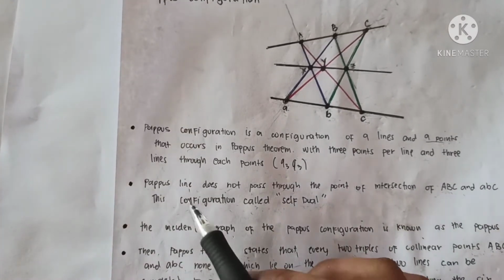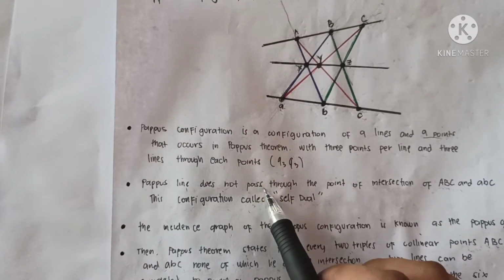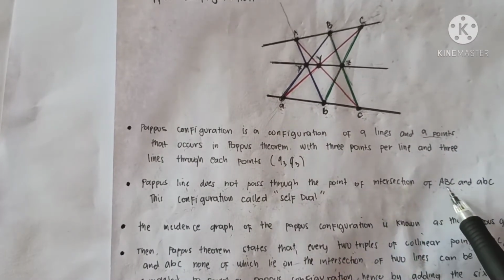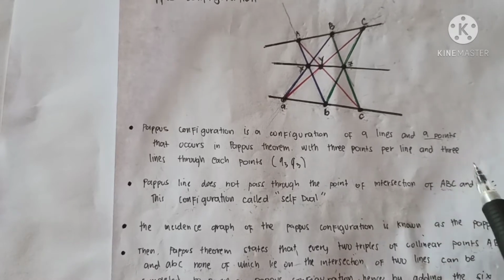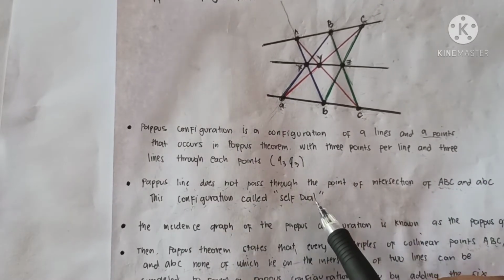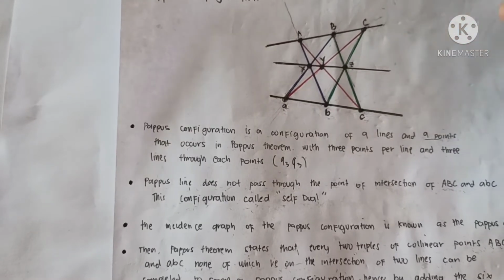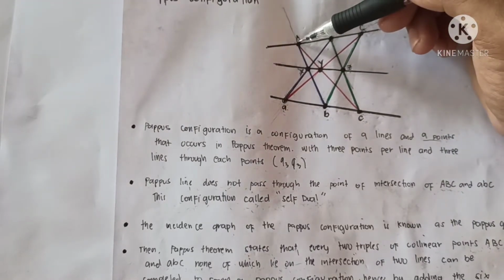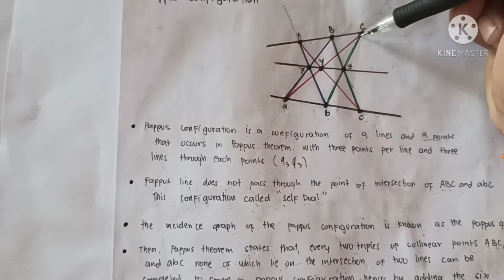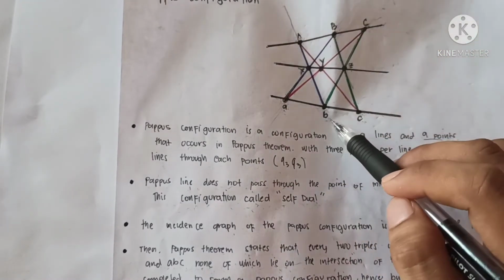The second point: the Pappus line does not pass through the point of intersection of large ABC and small abc. This configuration is called self-dual. The Pappus configuration is called self-dual because there is no line that passes through the points large A, B, C, and also small a, b, c.